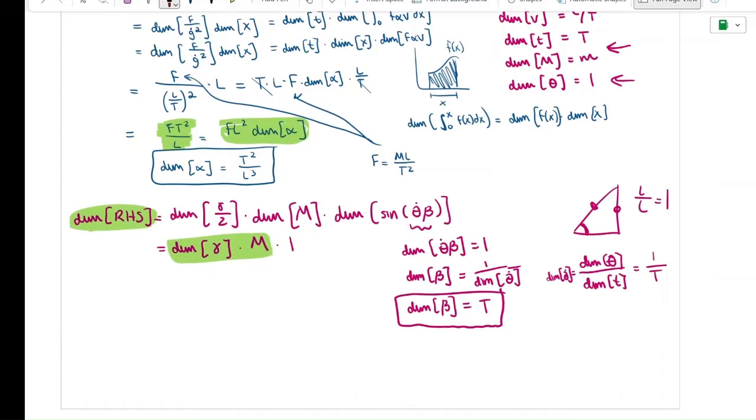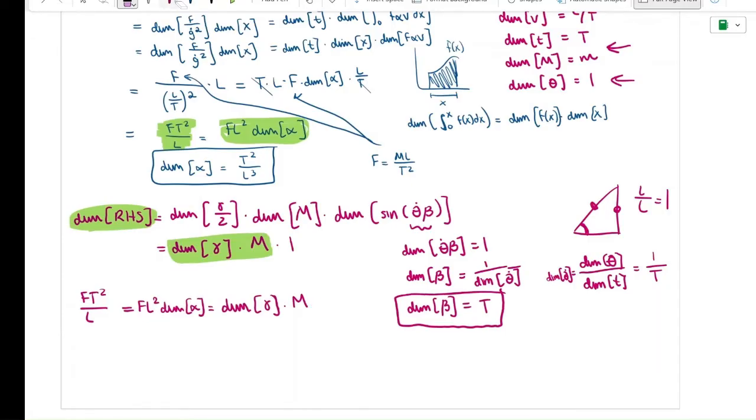So what you do now is you can set these two equal. So we can say that ft squared over L equals dimension of gamma times m, equals fL squared dimension of alpha equals dimension of gamma times m.